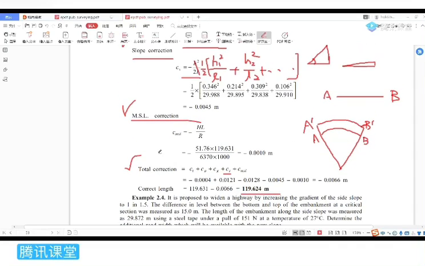But the next question is, is mean sea level fixed? No, mean sea level is not fixed. Mean sea level is just the surface of the sea. It is not fixed according to the tide, according to the gravity from the moon and the sun.